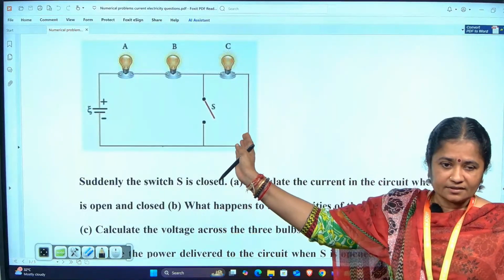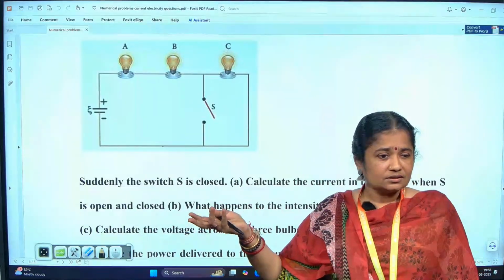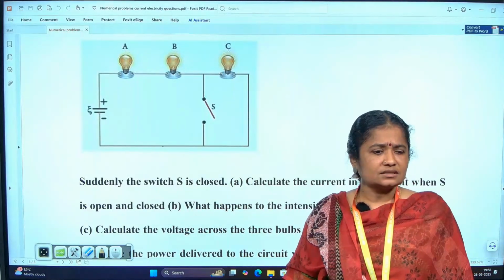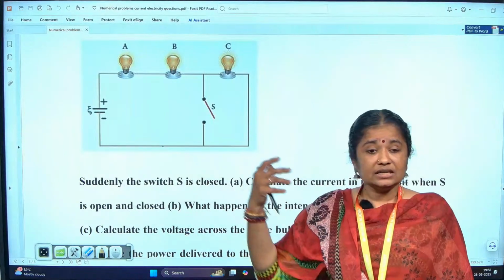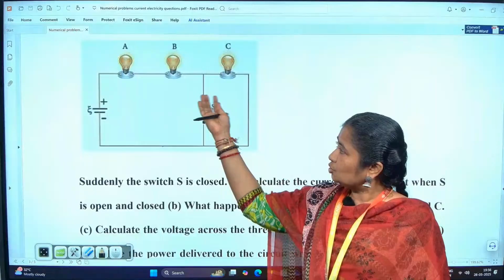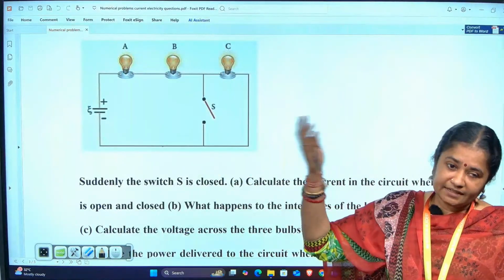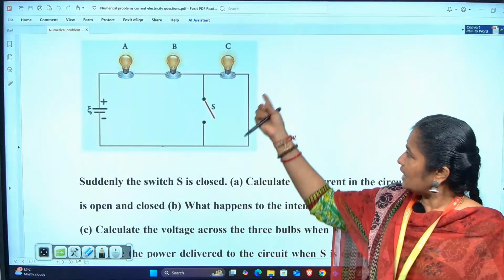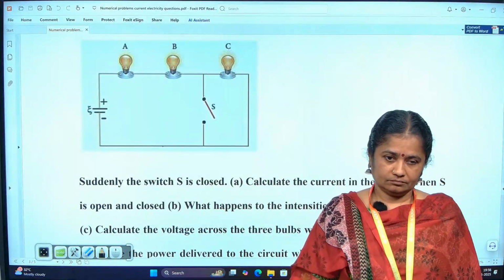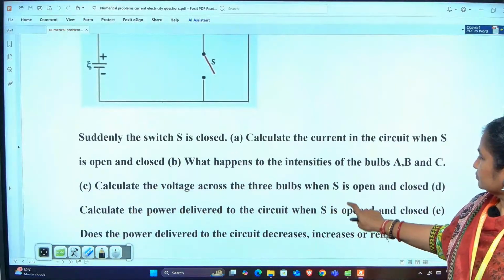Because the resistance has reduced, does the current increase or decrease? Increases. Resistance has decreased, so the current increases. So the intensity of A and B increases. They glow brighter than the previous case. And C will not glow at all because there is no current through C. So write down the answer.